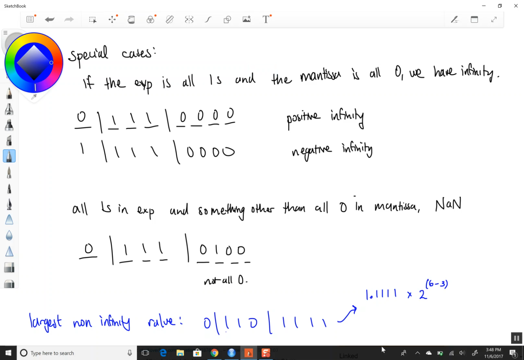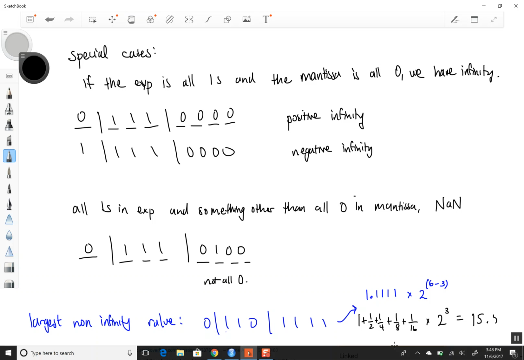So 1.11111 is 1 plus 1/2 plus 1/4 plus 1/8 plus 1/16, times 2 to the 3, or times 8. Okay? And when we do this, we get 15.5.